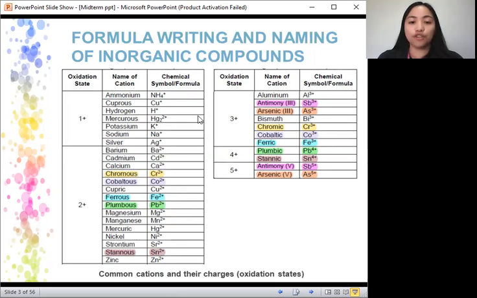For example, chromium has a positive 2 oxidation state and also a 3 plus oxidation state. Same with cobalt, iron, lead, tin, antimony, and arsenic.